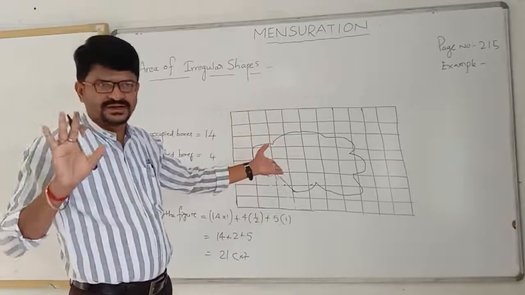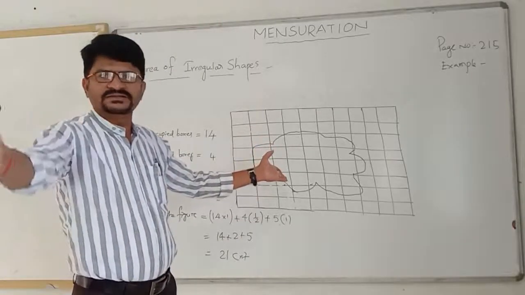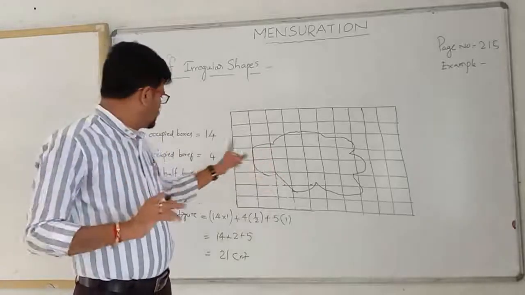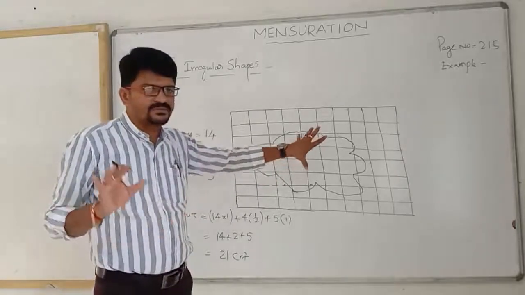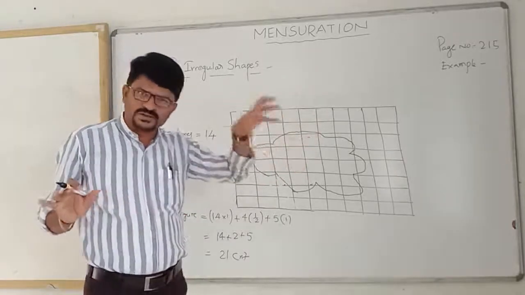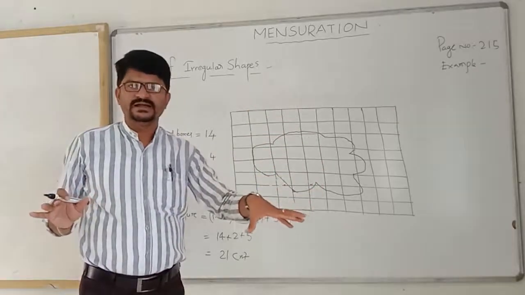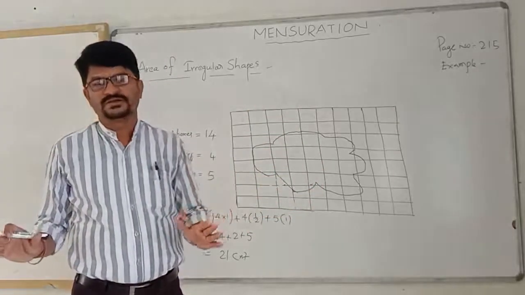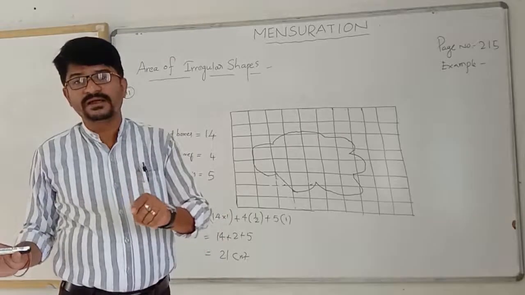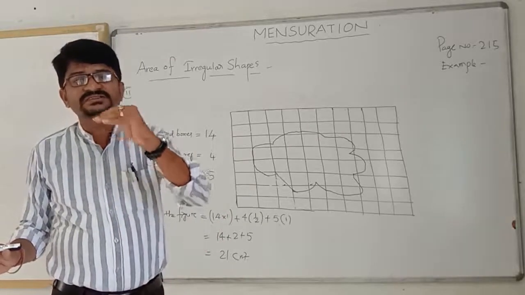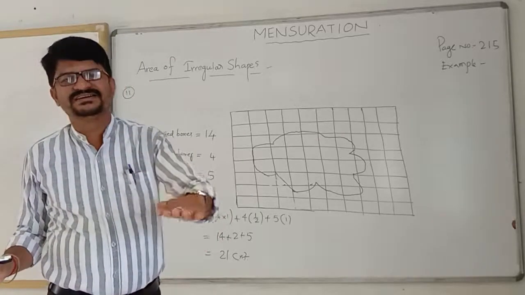You need not worry. The thing is, you only need to calculate half boxes, more than half boxes, and completely full boxes. One thing you must keep in your mind: less than half boxes need not be considered.